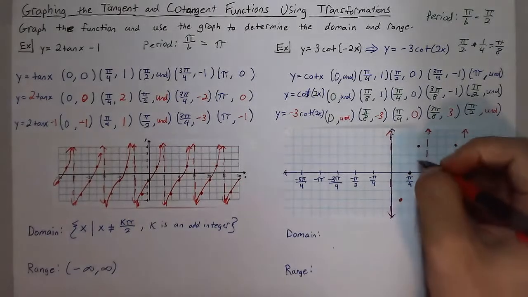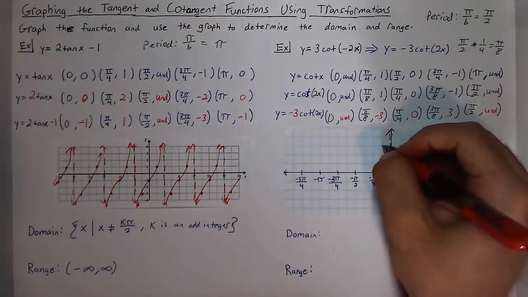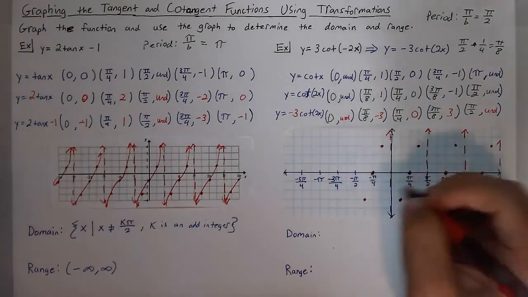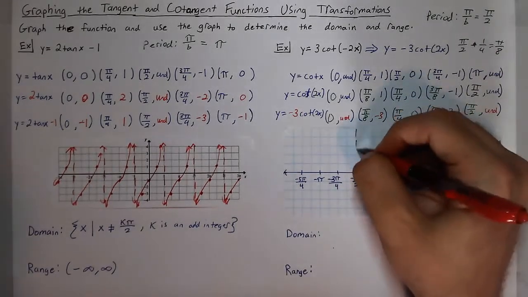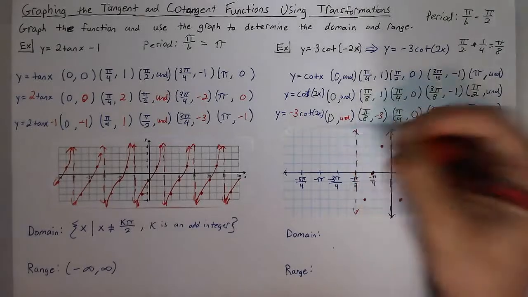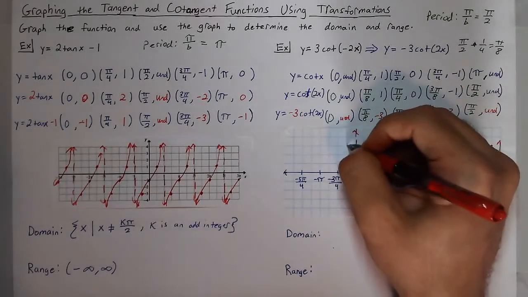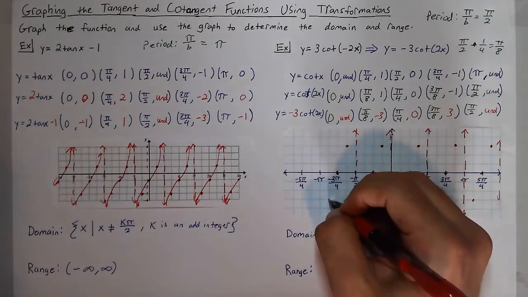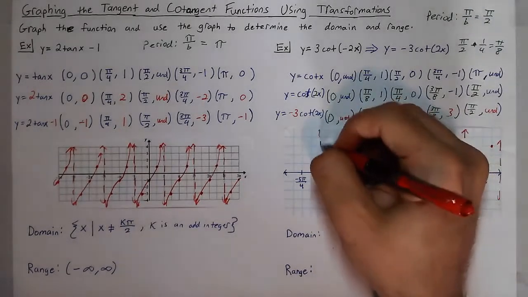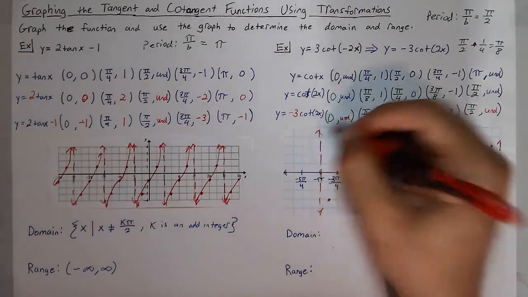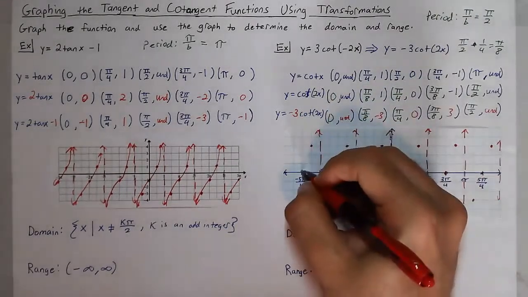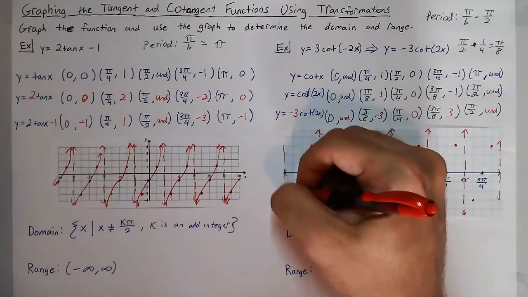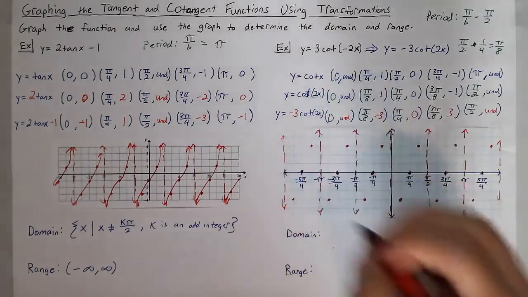And going backwards, after the asymptote would be 3, then 0, then -3, then an asymptote. And I can continue this pattern for the length of my graph paper. It doesn't take too long to do. And another asymptote at the very edge of my graph paper again.